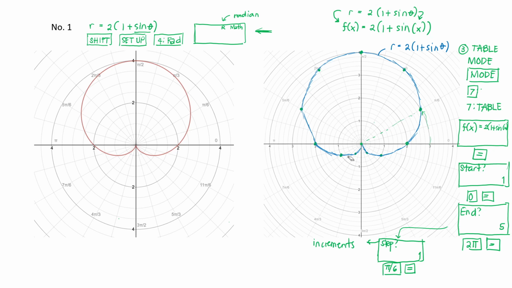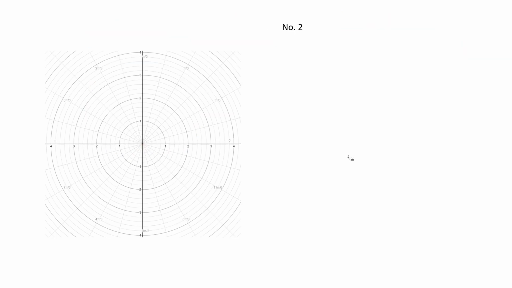Anyway, let's proceed with number 2. I think we'll be able to graph our equations at a faster pace now since we know the shortcut. Starting off with the equation for number 2, that will be r equals 2 times 1 minus cosine theta.